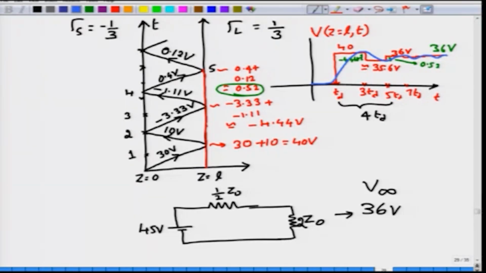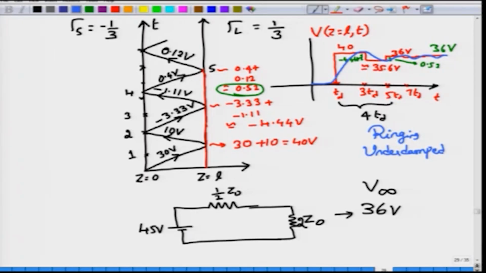There is an overshoot and then an undershoot. This is sometimes called the ringing effect in electronics, or in control systems an underdamped system. An underdamped system exhibits an overshoot and then an undershoot, and eventually slowly, in an oscillatory manner, settles down to the steady state value of 36 volts.